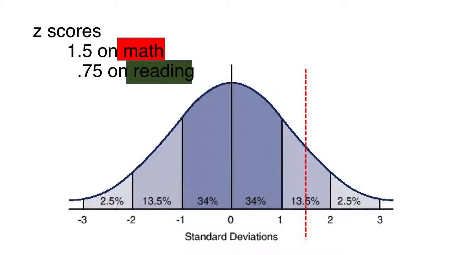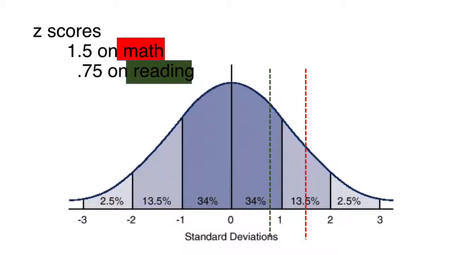So for math, this score of 1.5 is 1.5 standard deviations from the mean. That's pretty good. That's off into the right tail. We're getting up there. This kid did really pretty well. And if you look at all the percentages under that curve, you could see the percentile ranking there.